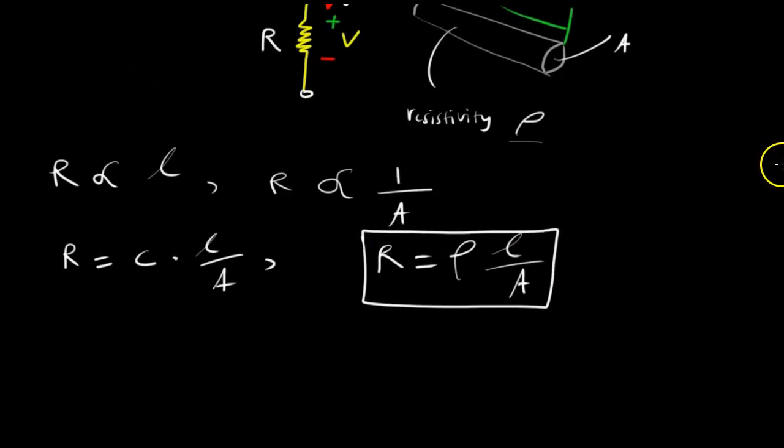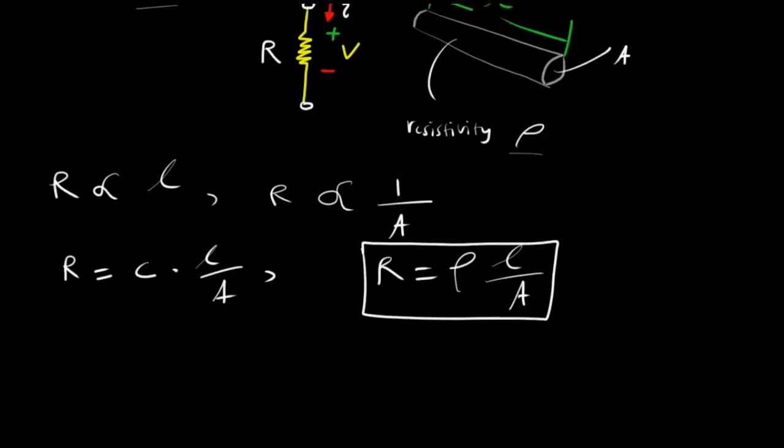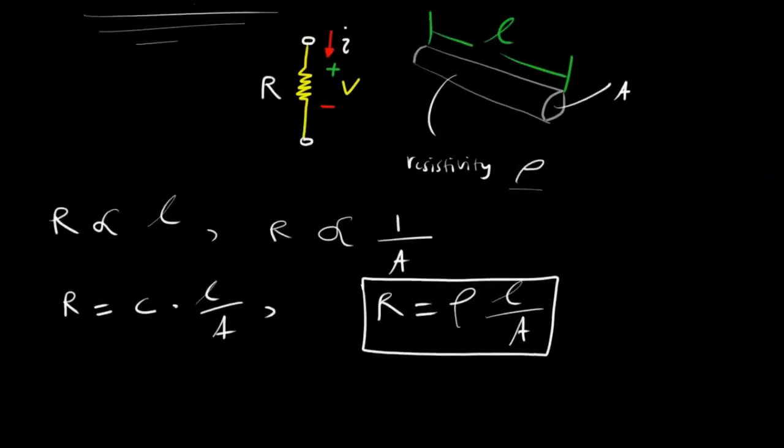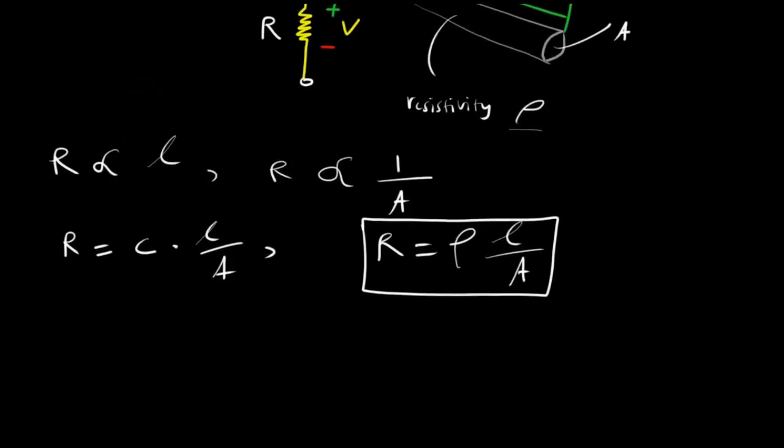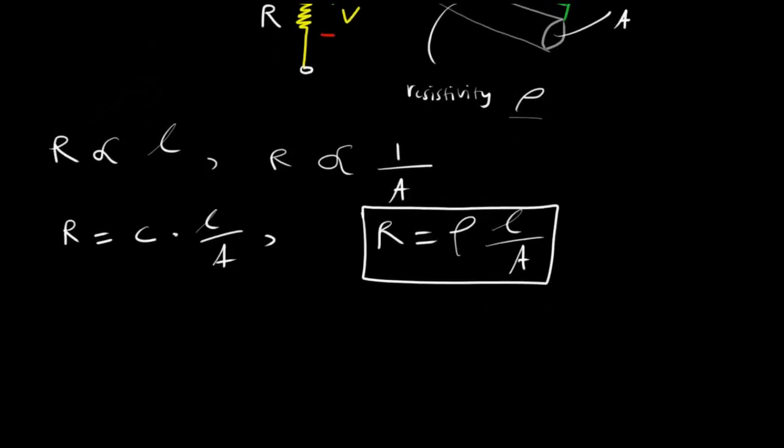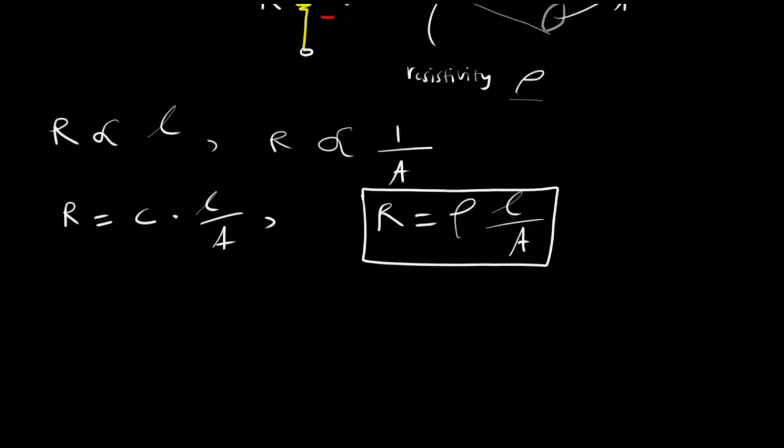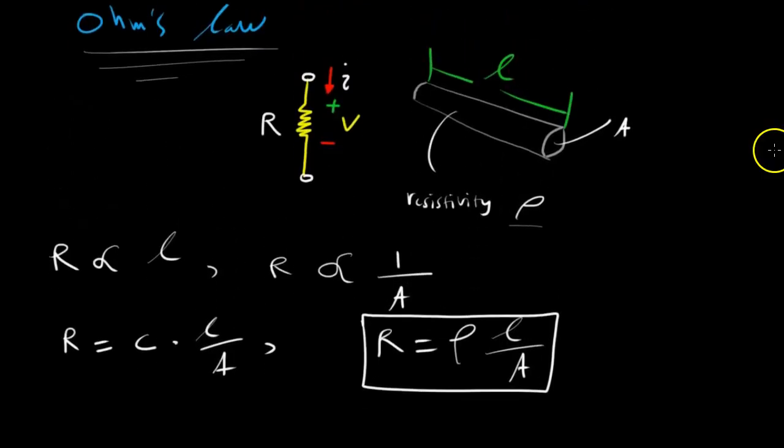Then the other issue is we have to think about Ohm's law, which states that the voltage across the resistor is proportional to the current flowing through it. So what that means is, if you apply some voltage across some material, it's going to be proportional to the current running through the material.